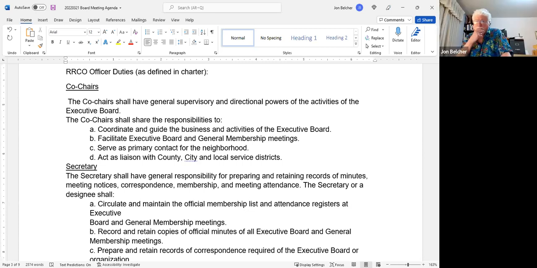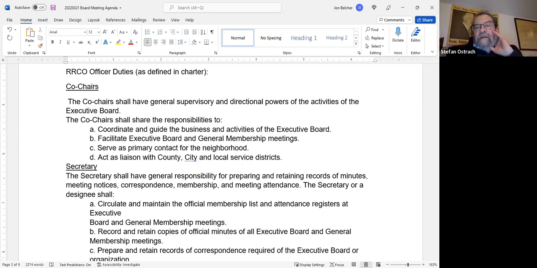Stefan? The roles are set forward in the charter. Unless we amend the charter, we know what the roles are: co-chairs and secretary treasurer. If people don't want to do it, I'm not going to have heartburn over it, but I'm not sure that these roles are going to be contested.